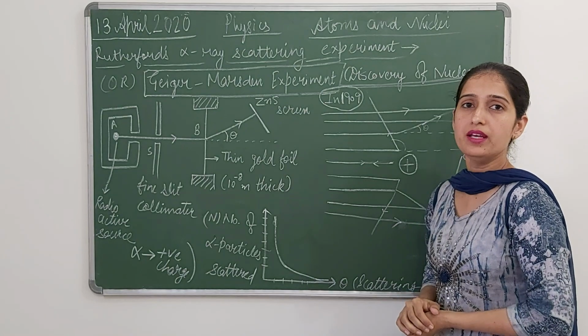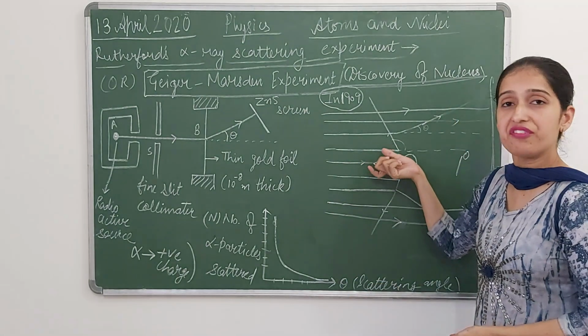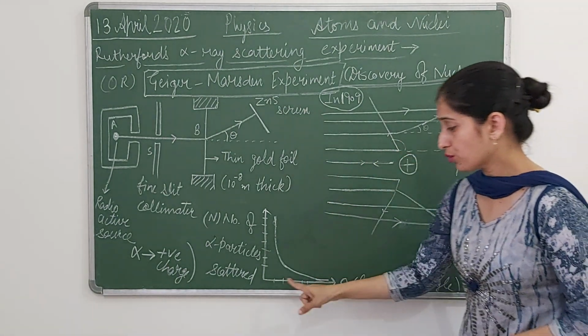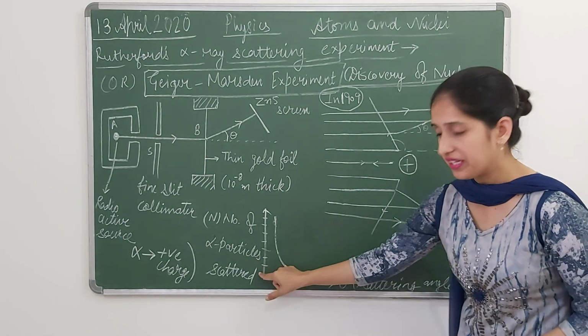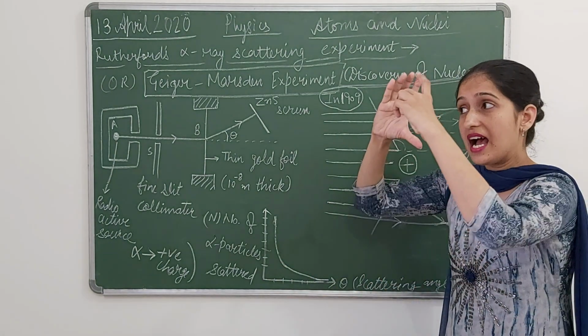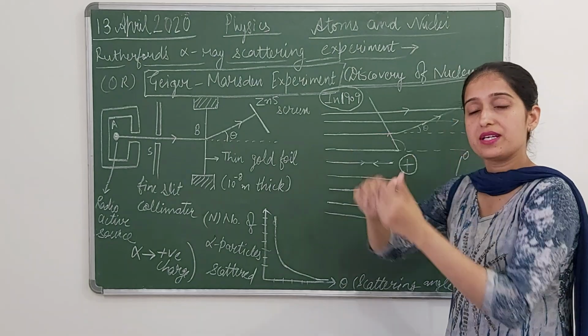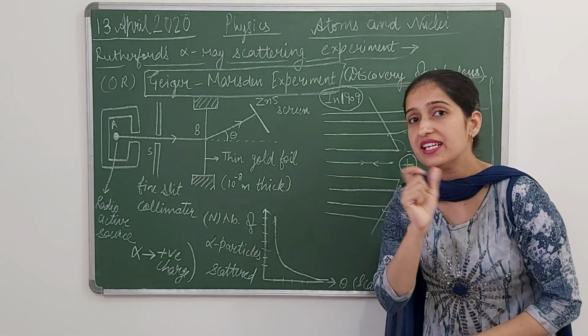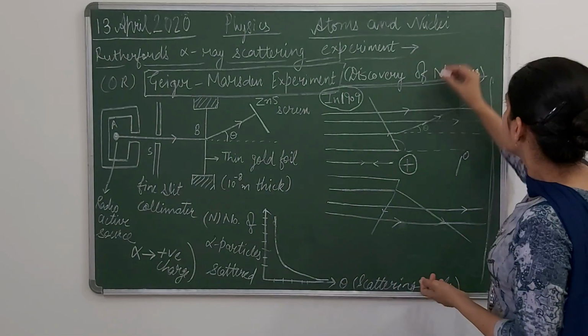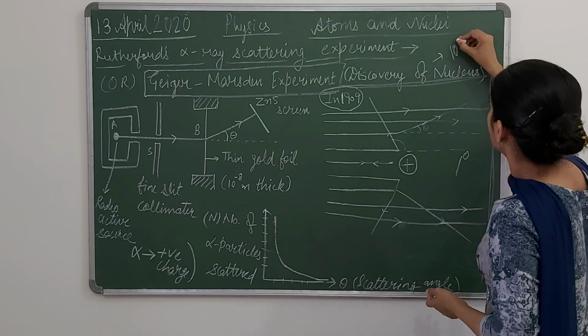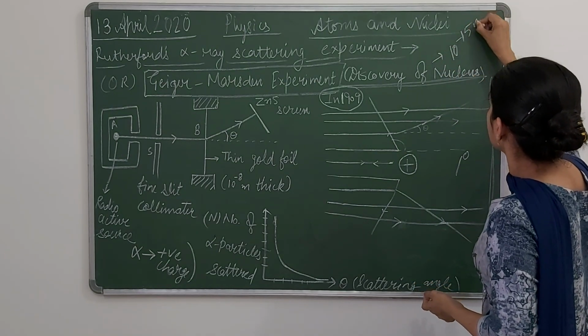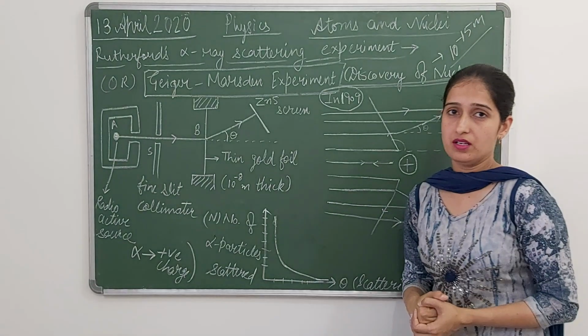But the number of alpha particles scattering through large angles is very small. That means the size of the positive charge present inside the atom is very small, and it was given as up to the order of 10 to the power minus 15 meter.